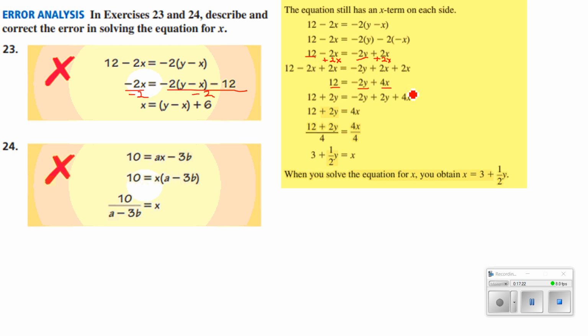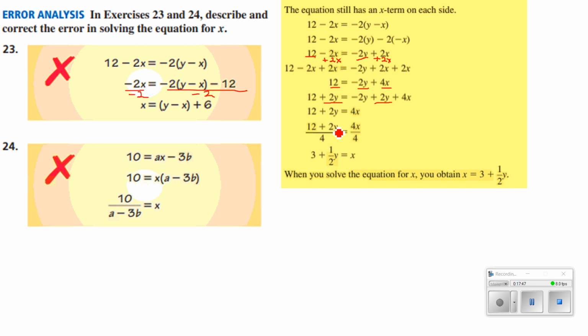Next, remember, we're looking for x, so we need to get rid of that -2y. So the opposite of -2y is positive 2y. Whatever I add to one side, I add to the other. And now I have 12 plus 2y equals 4x. Now I need to get 4 away from x. I'll divide by 4 to get x isolated, which means I need to divide this entire side by 4.